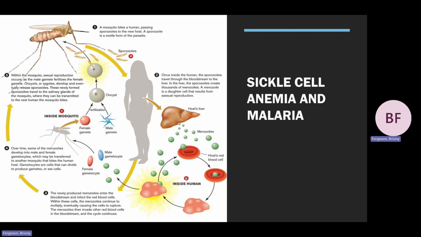And once they get inside of humans, they travel through the bloodstream to the liver, where they create thousands of little daughter cells. And they do not need male or female, they reproduce asexually. And those sit inside of blood cells and infect them.